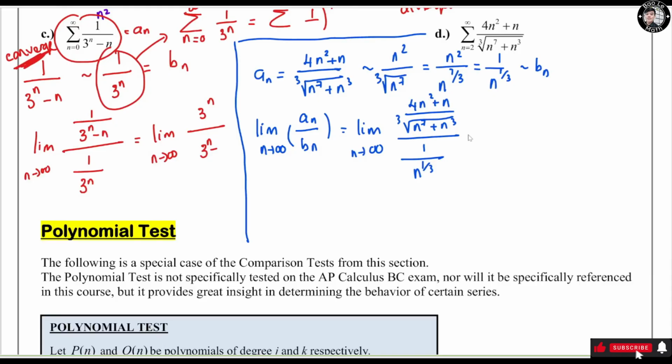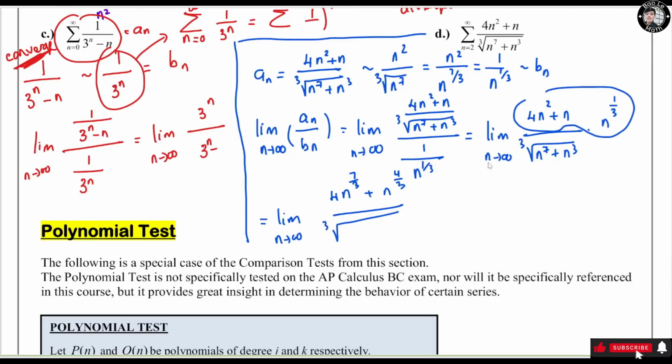Now I'm going to multiply the top and bottom by n to the 1/3. Now I'm going to factor n to the 7 over 3 out, so I have the limit when n approaches infinity of n to the 7/3 times 4 plus 1 over n.